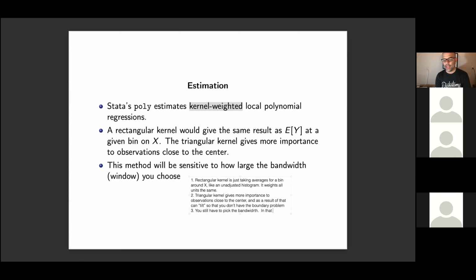In that animation, the bandwidth was chosen. Different bandwidths, different regression lines.